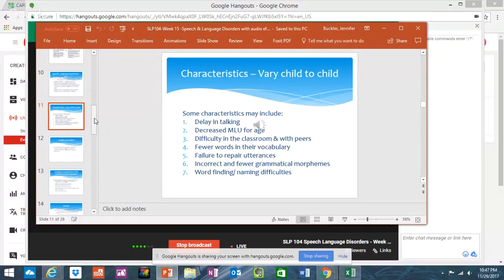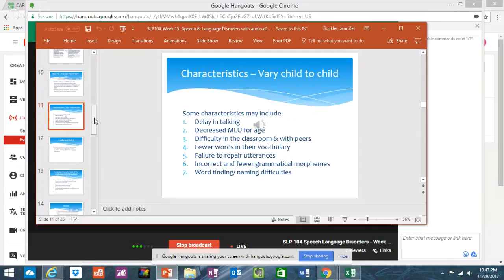So when we talk about another type of speech and language impairment, which would be an expressive or receptive language disorder, expressive is what you say, receptive is what you understand. And an expressive disorder might be more obvious when it appears as grammar changes.